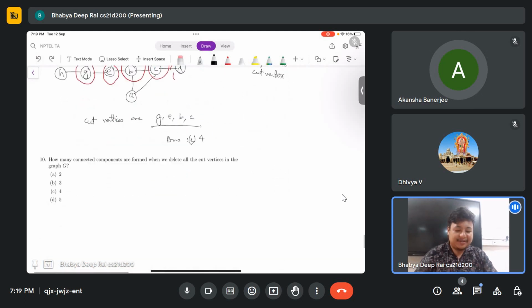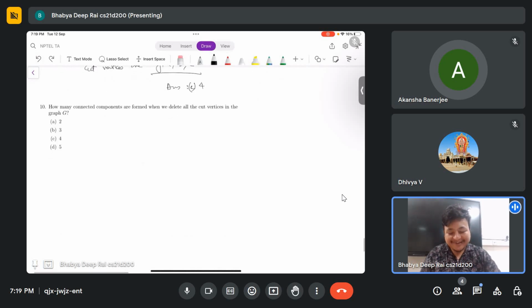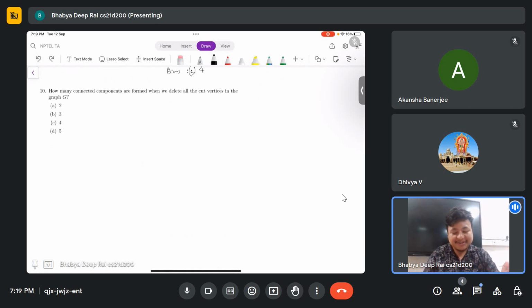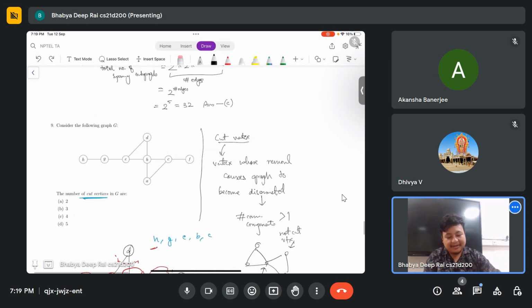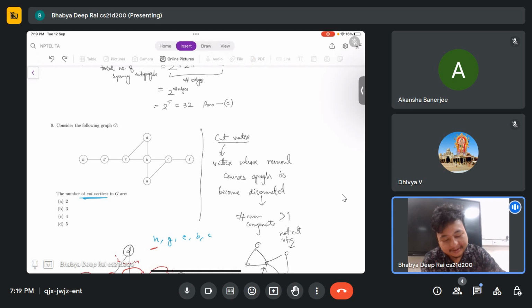So this is the final question. It's a very simple question. The question asks how many connected components are formed when we delete all the cut vertices in the graph G. Can you try this one?